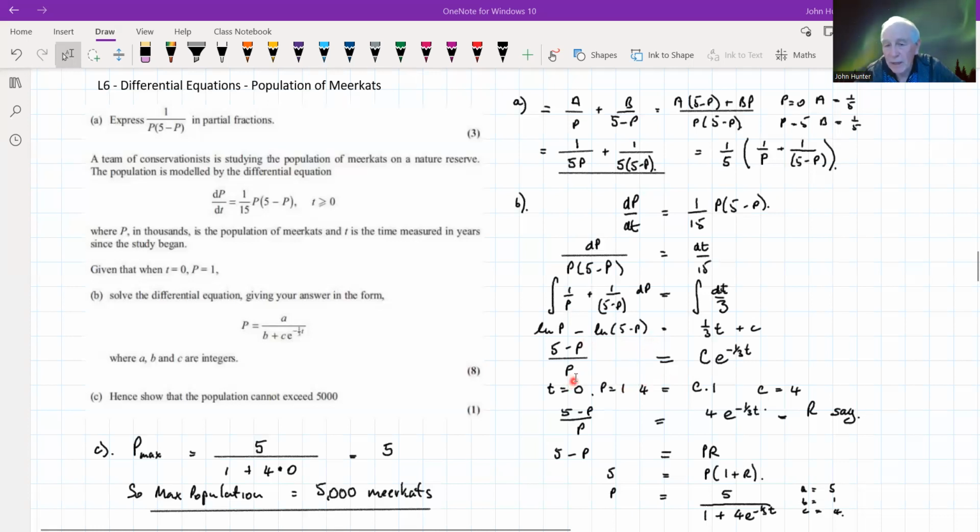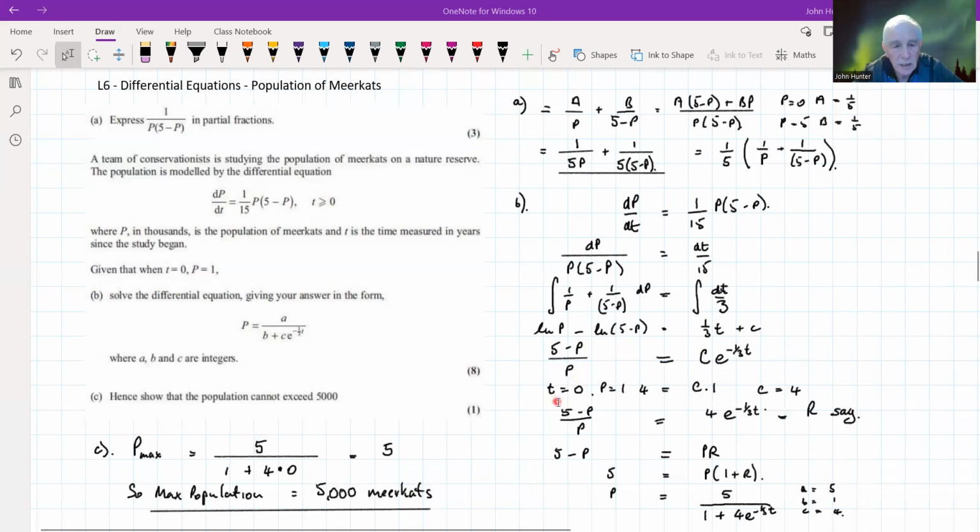Without going into all the details, that's given us this equals c times e to the power of minus 1/3 t. If you're not happy with that, I suggest you have a go through it yourself and see that it will come into that form, if you exponentiate it and reciprocate it. So that is the general form of the solution.